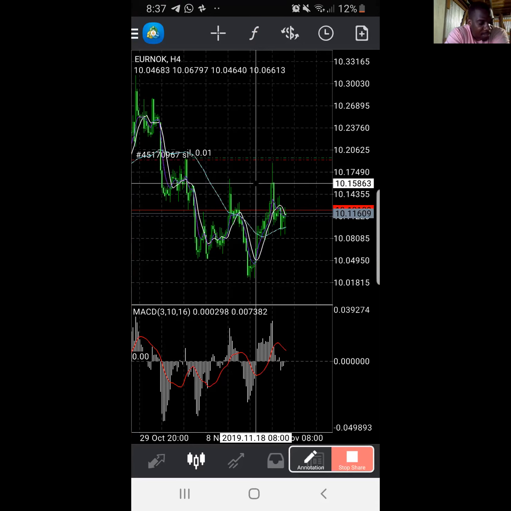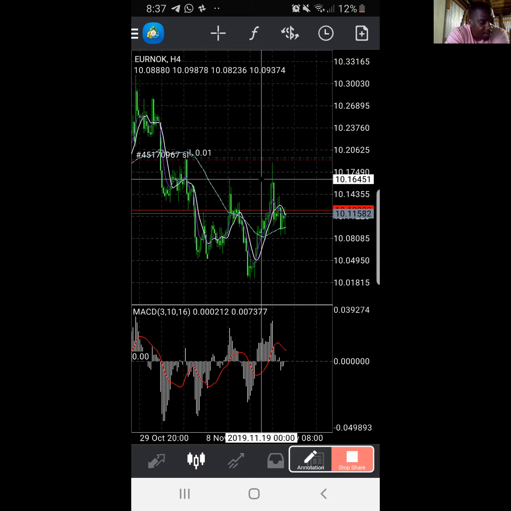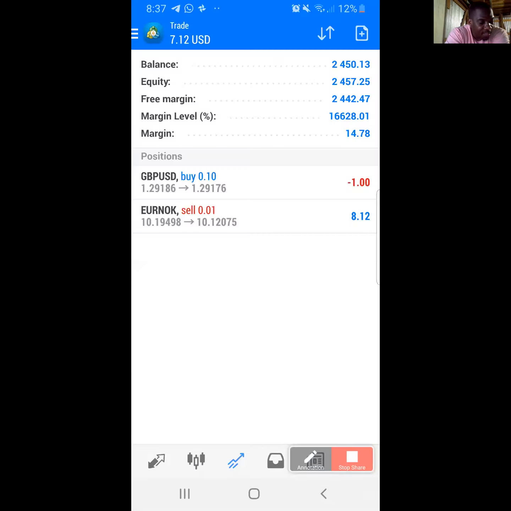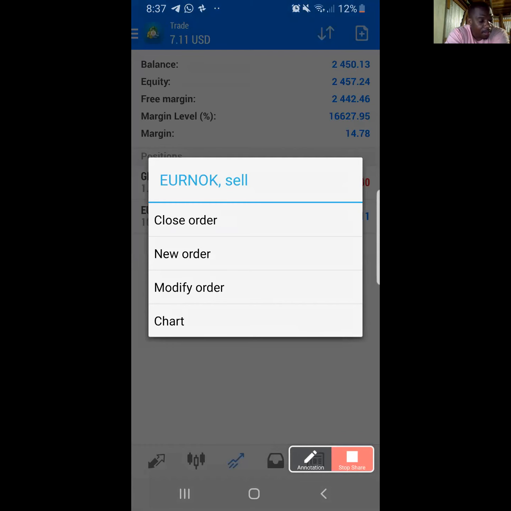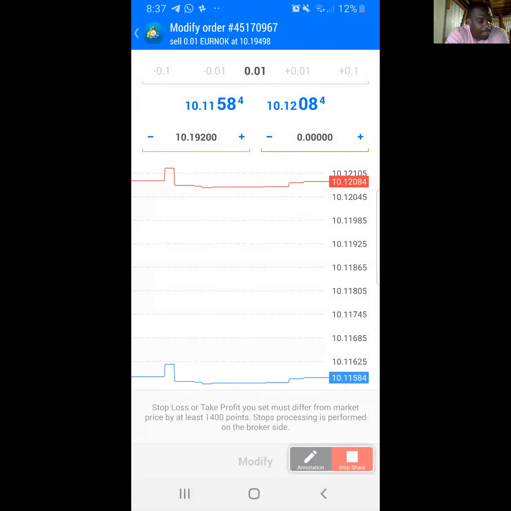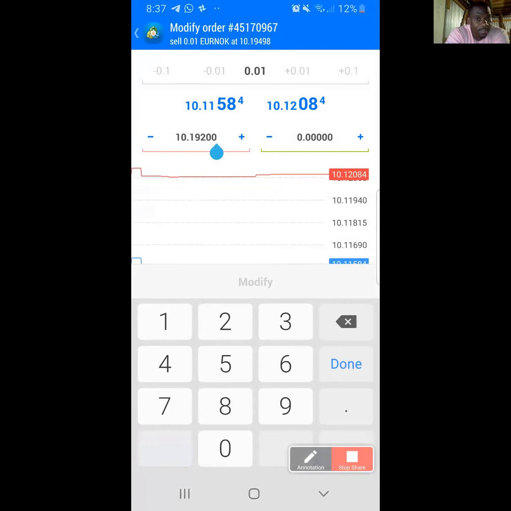If I want to put it above a swing point or structure or whatever the case may be, I would look at the price where I want to put my stop loss and then go back to my trading screen, hold down the trade, modify order, and then set my stop loss, which has the red on the line.